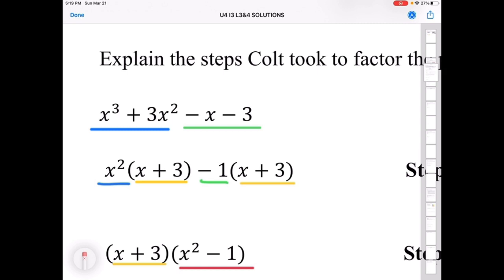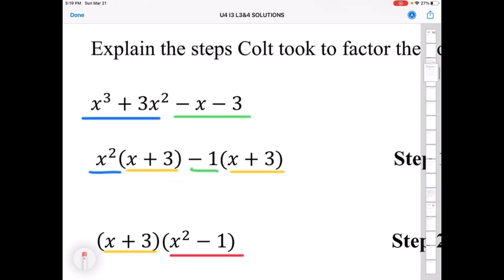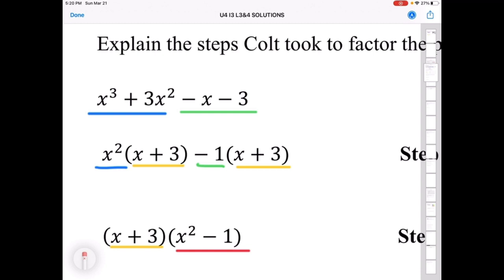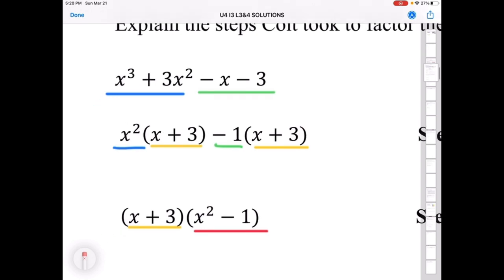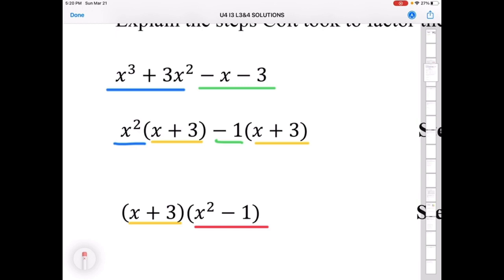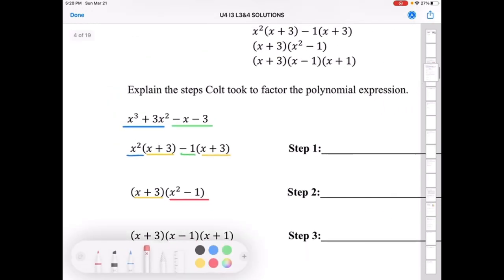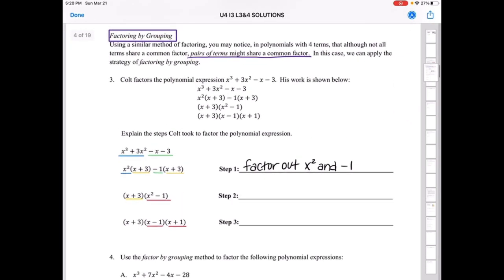So underline a negative 1 in green, and we can factor that out to get x plus 3. If you distribute back in, negative 1 times x gives us that negative x, and negative 1 times 3 gives us that negative 3. So we haven't changed the problem at all. We have not changed the expression whatsoever. But our first step was to factor out that x squared and negative 1 from each pair of terms.